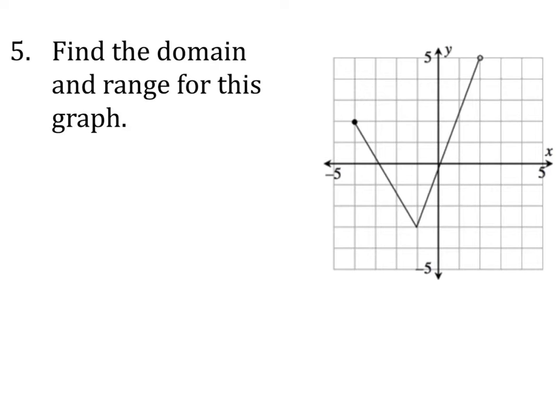Alright, number 5, find the domain and range for this graph. So remember that domain has to do with our x values. So domain, we're looking for our x values which this graph covers. So as we're walking from left to right, the first value that we come across, walking from left to right on the x-axis, is going to be -4.